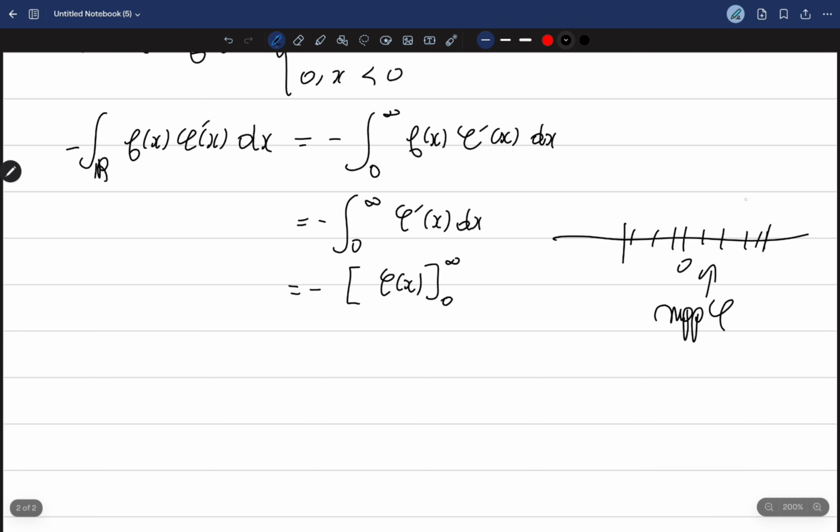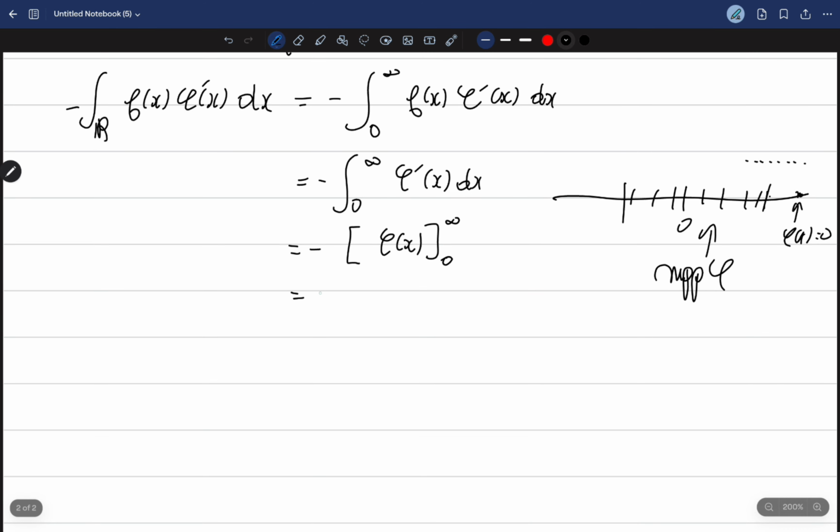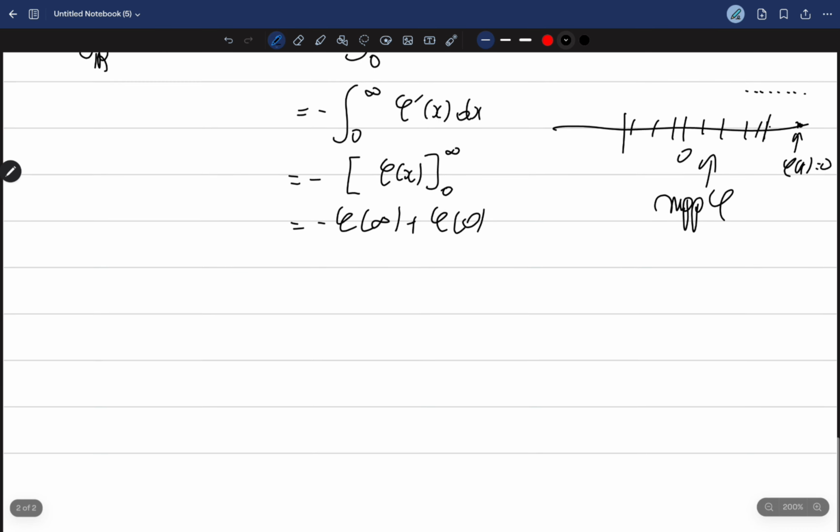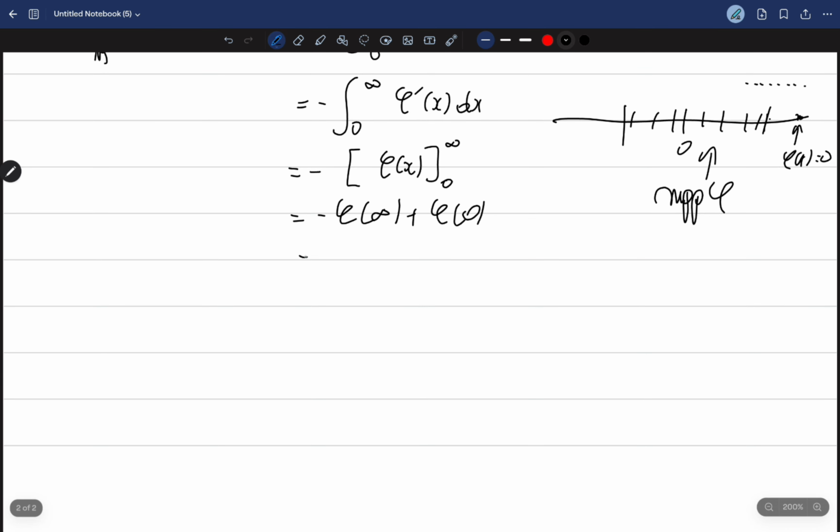As x goes to infinity, it will be outside of the support. So by the definition of the support, phi of x would be 0. So this would be minus phi of infinity plus phi of 0, so that would be phi of 0.